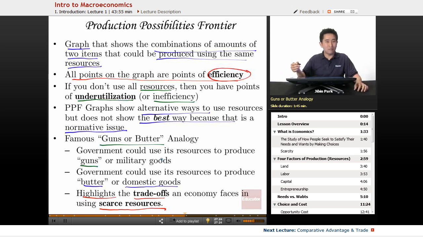Well, that's also an option, but clearly there is an opportunity cost of doing that. But again, that's something that we can deal with later in terms of deficits and debt and the potential macroeconomic problems that result from that. The guns or butter analogy is a good way to highlight the fact that when you choose one thing, there is an opportunity cost that the government is incurring.